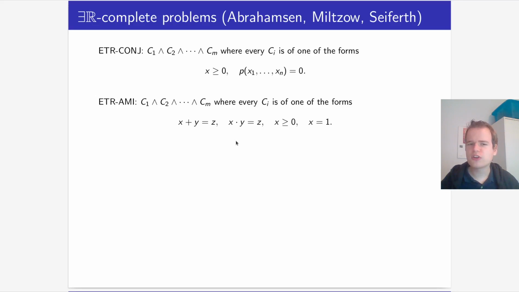And from this problem it becomes a bit clearer how to prove that some kind of geometrical problem is ER hard, since we need some way to encode variables in our geometrical problem, and then we need a gadget for each of these four constraints.